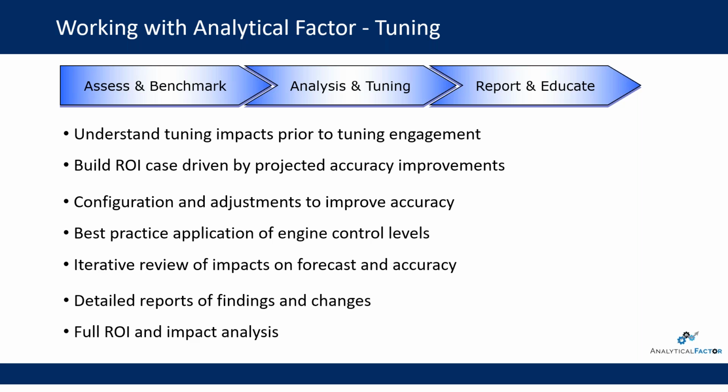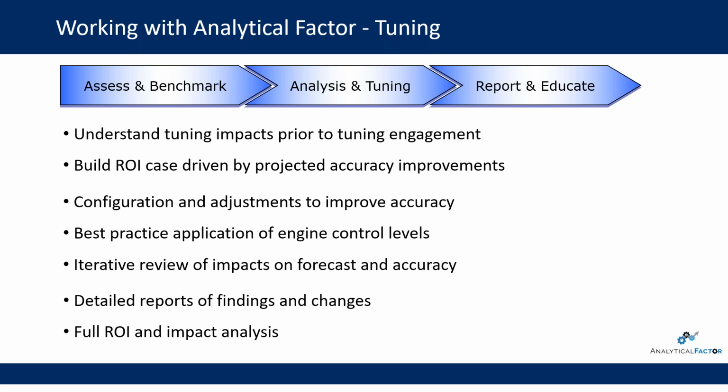Once that's been done and a green light for tuning has happened, we'll go in, we'll talk to the business, we'll evaluate the configuration to ensure it's both best practice and aligned with business goals. And then we take an iterative approach where we evaluate the forecast, both bottoms up and top down.